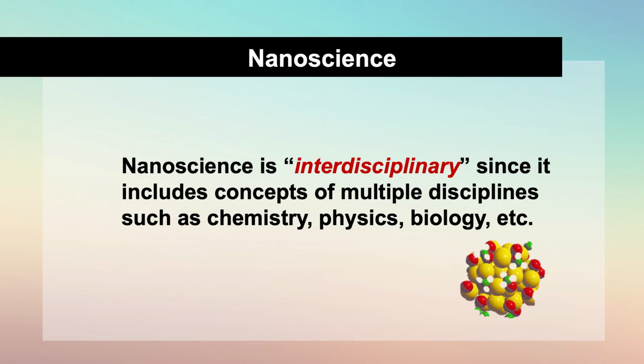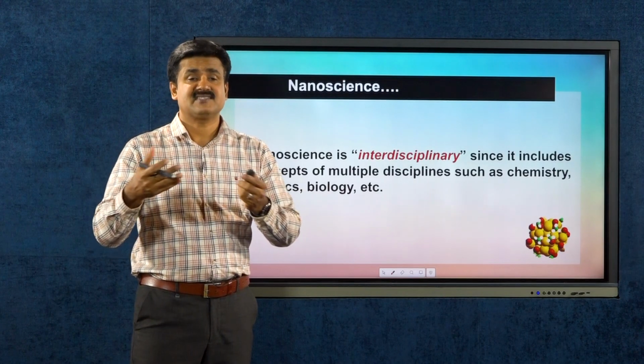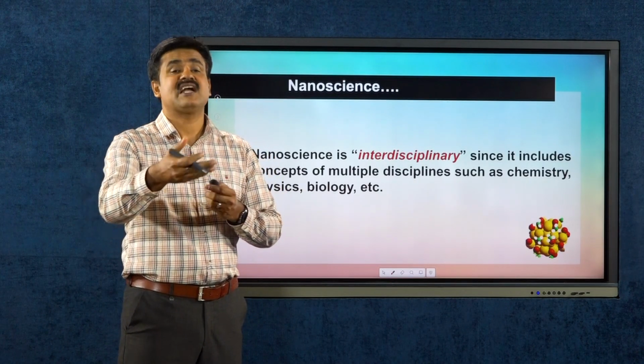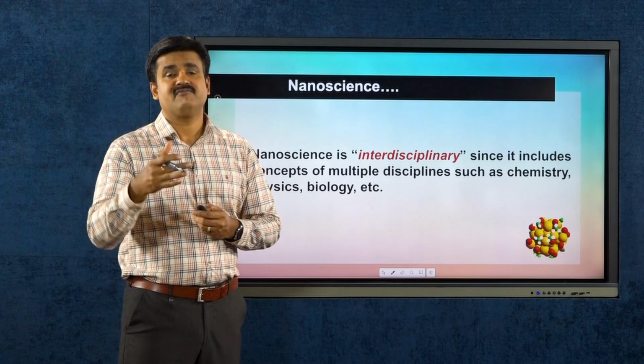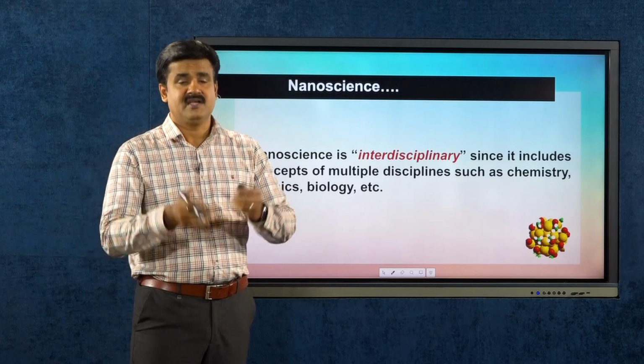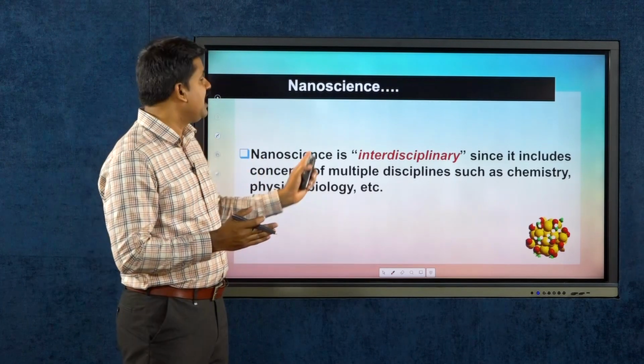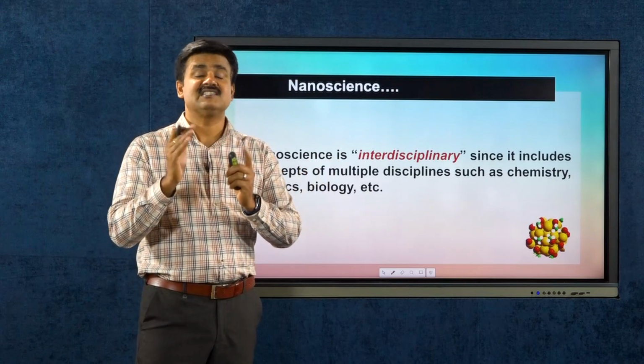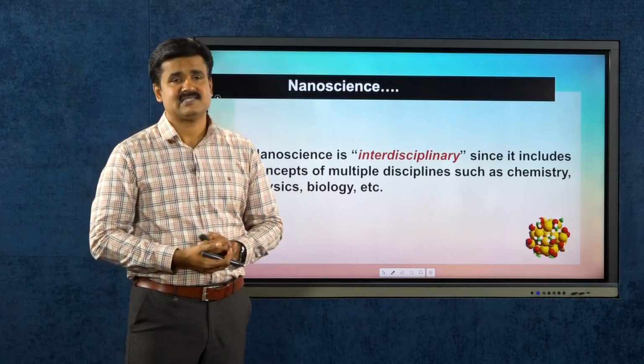Now, nanoscience is definitely an interdisciplinary branch because it includes concepts of multiple branches or disciplines like chemistry, physics, biology, etc. That is, nanoscience has important connections with other branches also. Hence, we can consider nanoscience as an interdisciplinary branch of science.